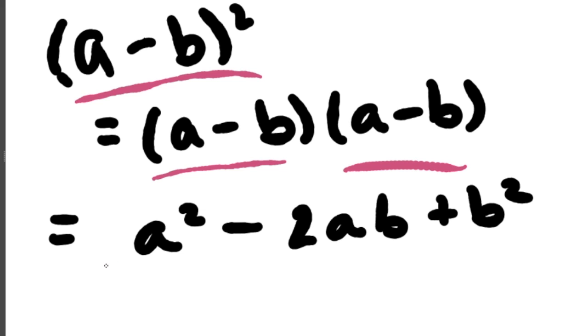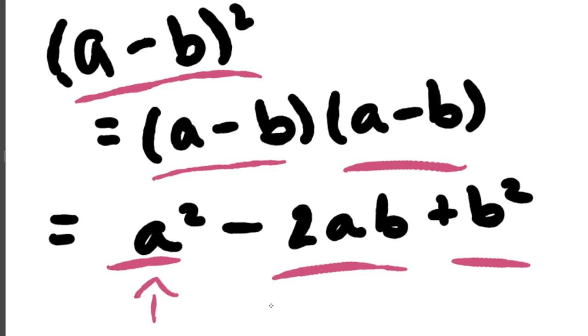This results in a squared minus 2ab plus b squared. What this means is that the square of a minus b is equal to the square of a minus twice the product of a times b plus the square of b.